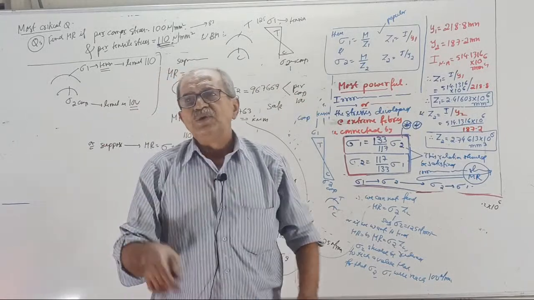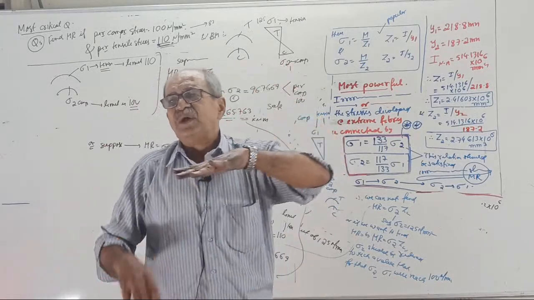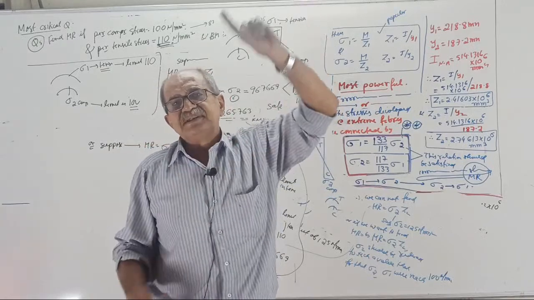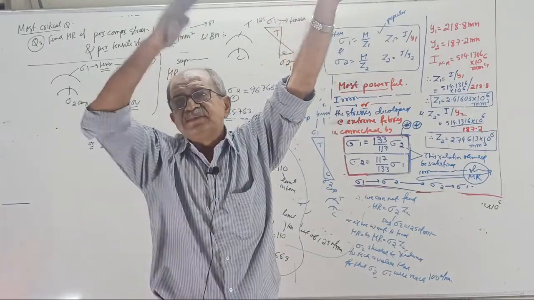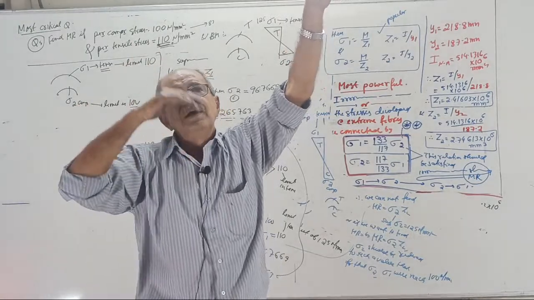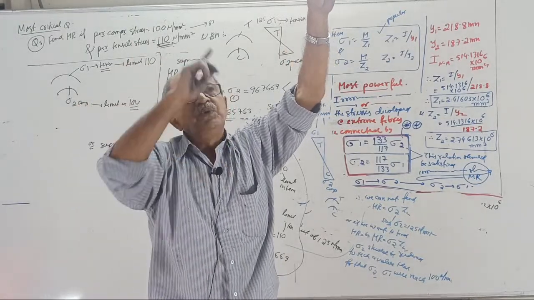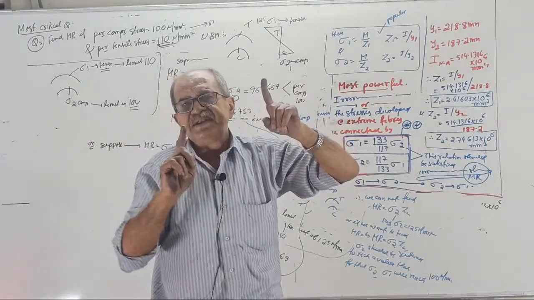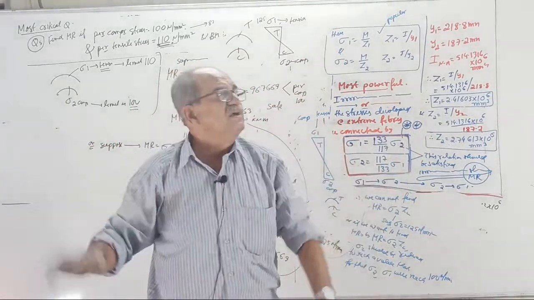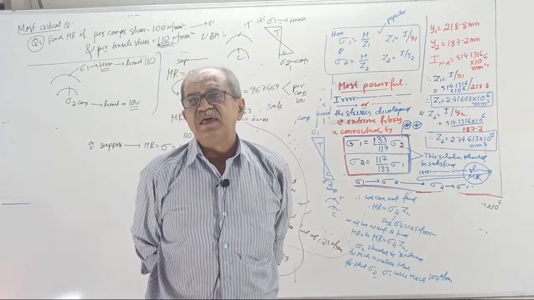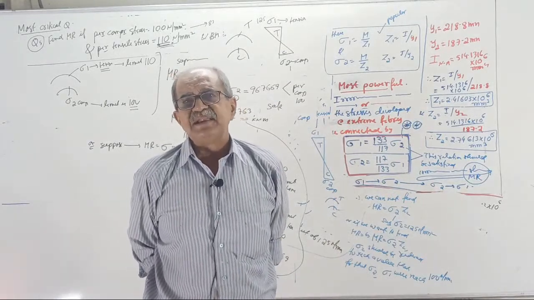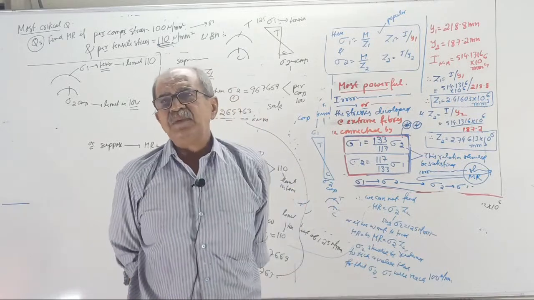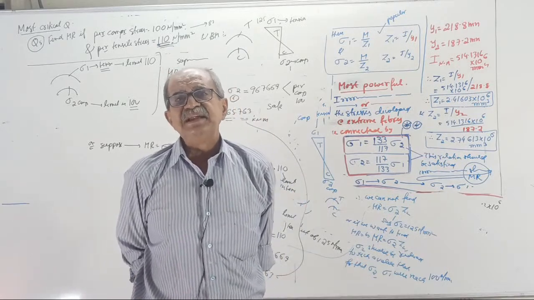Stress in tension will reach the critical value, but at that time stress in compression will be less than the limit. If you allow the compression to reach the limit, by that time tension will go beyond the limit. So in an under-reinforced section, the MR deciding factor is tensile strength. Why? Under-reinforced means weakness in tension.